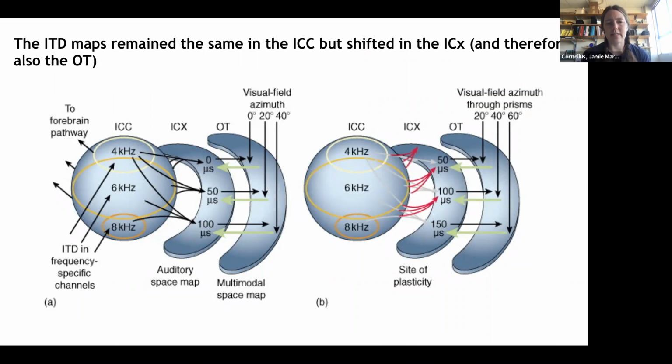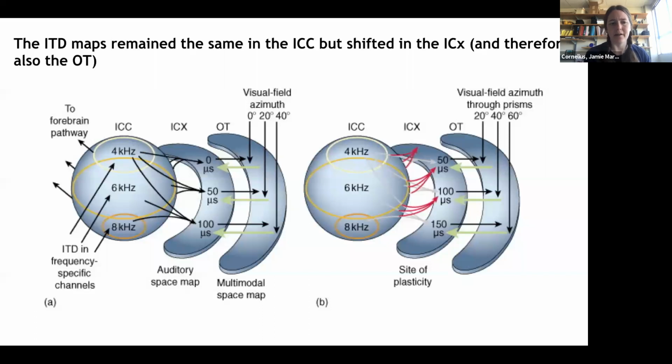So the interaural timing difference maps, when they did this experiment, interestingly remained the same in the central body of the inferior colliculus, but it shifted by the time it got to the ICX, the external part of the inferior colliculus, and then onwards to the optic tectum. And so the proposal then was that there must be... on the left, that's the normal.